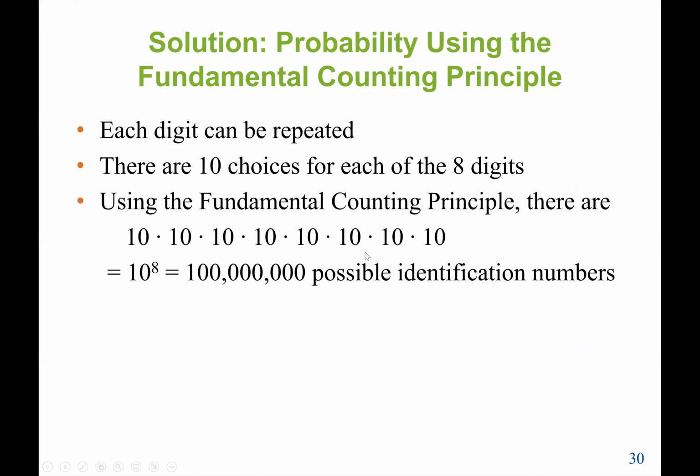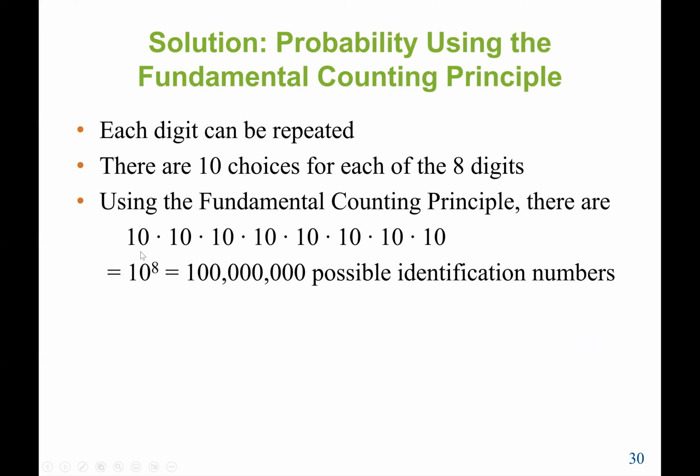So we use the fundamental counting principle, and there are 1, 2, 3, 4, 5, 6, 7, 8 digits, because in each digit, we have a possible 0 to 9 to select. So we have 10. Second digit, the same thing, 0 to 9, because we can repeat.